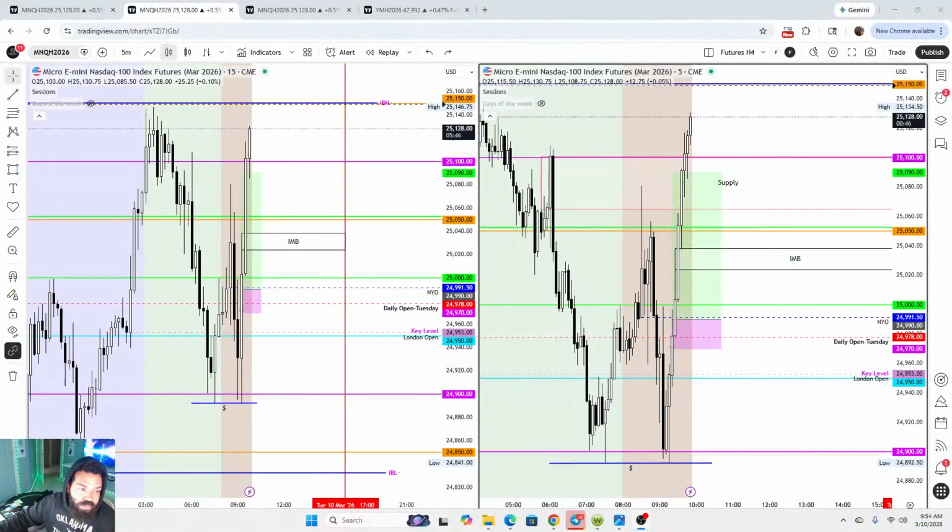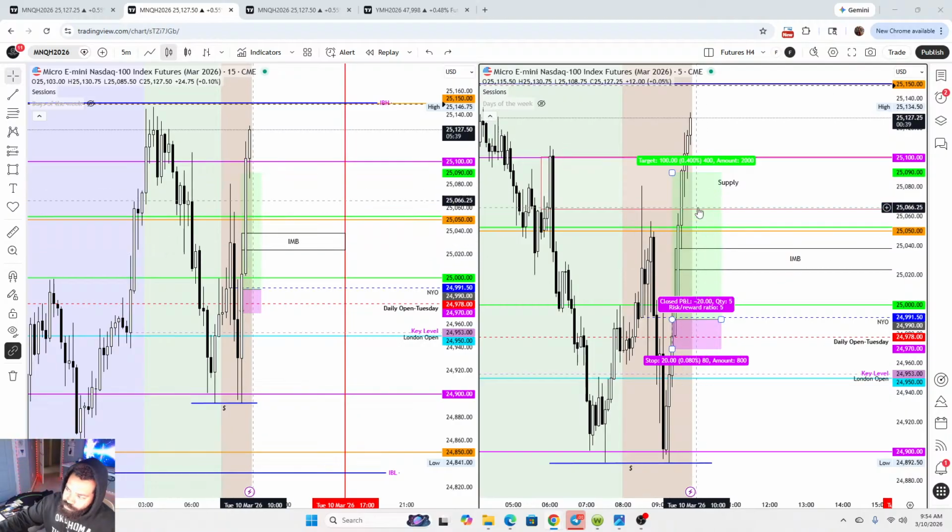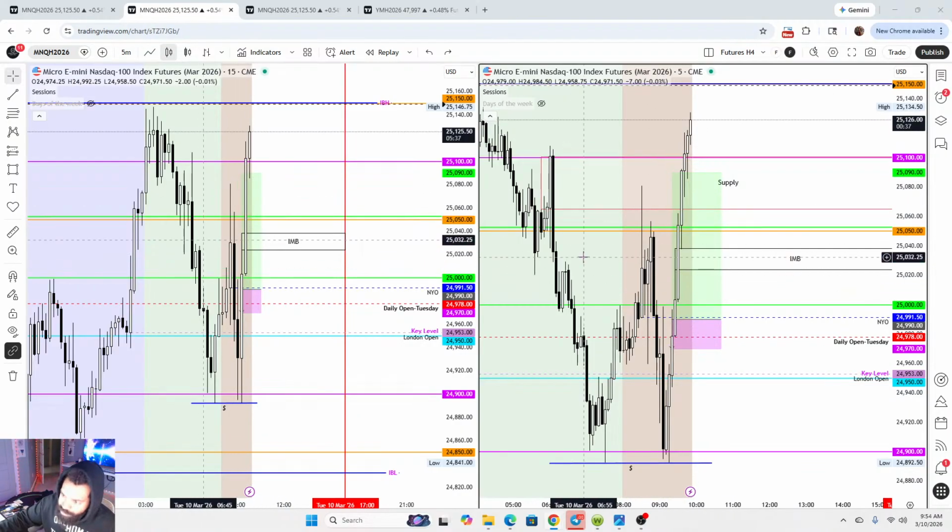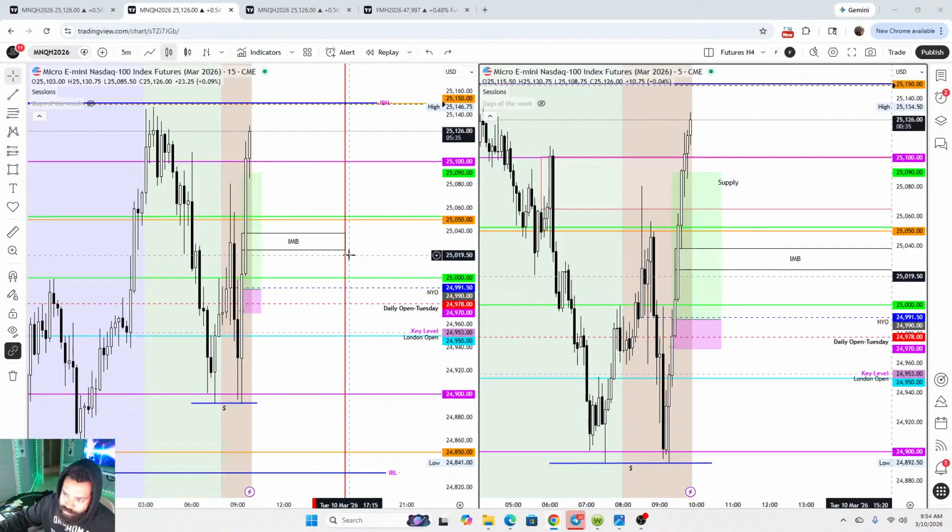But we've been able to get an entry, get a partial, and trail risk, which, any day that we can do that, that's great. And if we can get this alert for the final TP, then that's even better.